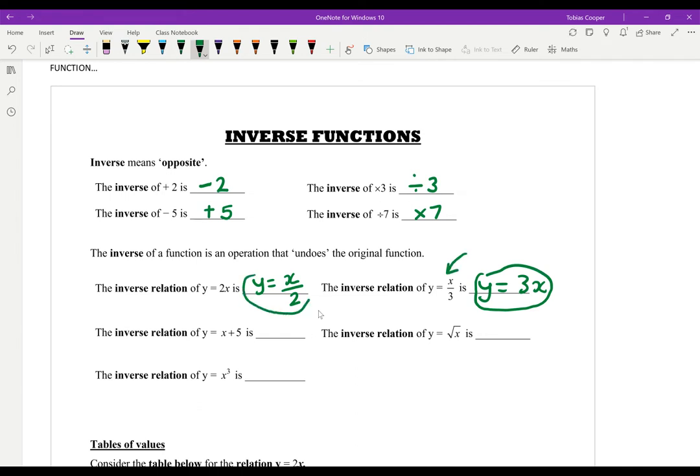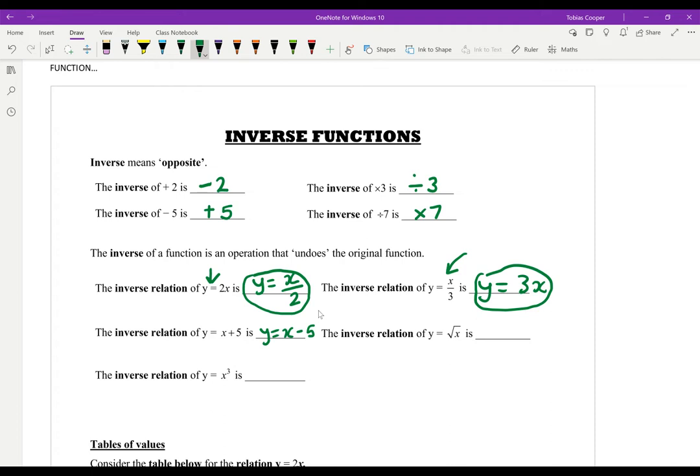And this here, y equals x over 2, is the inverse relation of y equals 2x. Let's come down to the other ones. The inverse relation of y equals x plus 5 will be y equals x minus 5. So the opposite of adding 5 is subtracting 5.